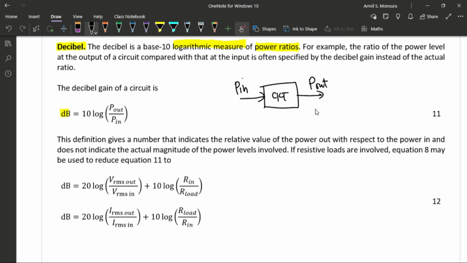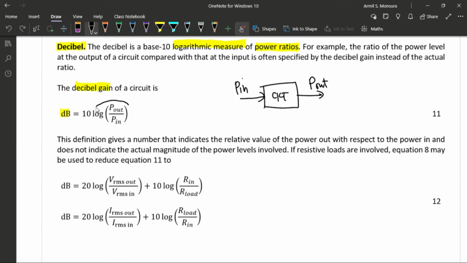The decibel gain of that circuit is given as the ratio of the powers at the output and the input sides. Okay, then kunin natin yung base 10 logarithm nung ratio nila. Then multiply natin with 10.